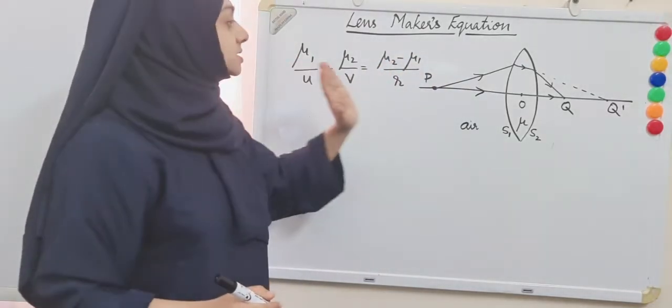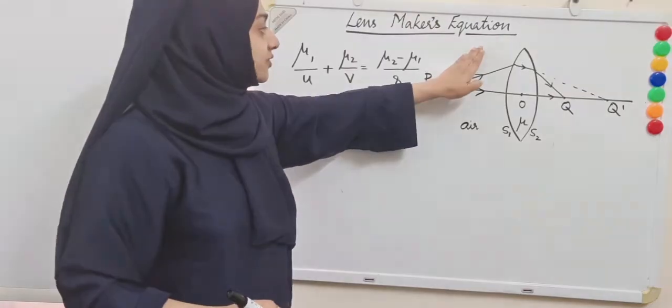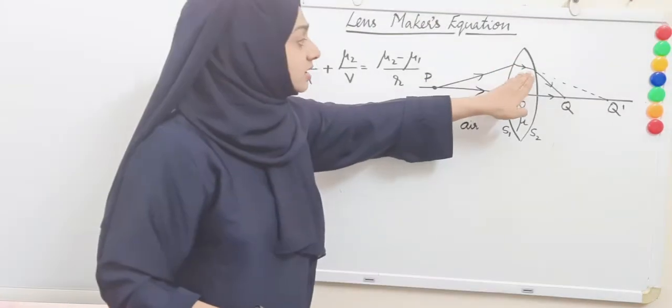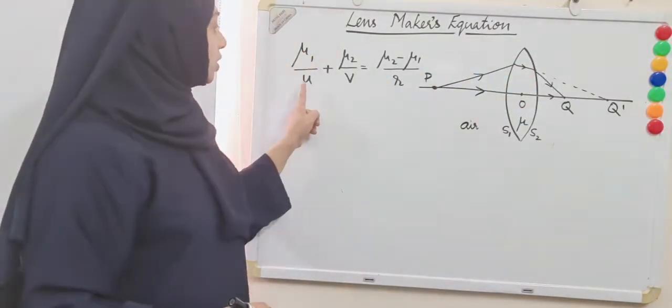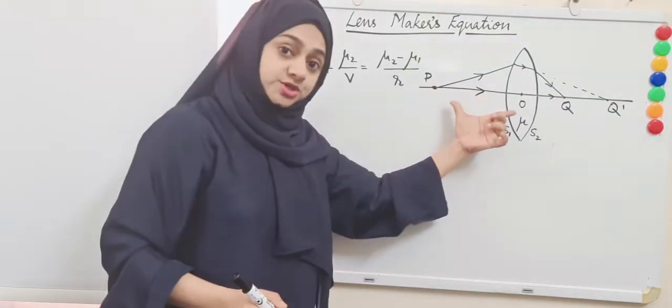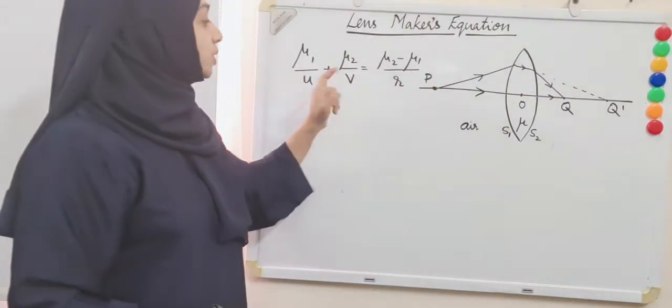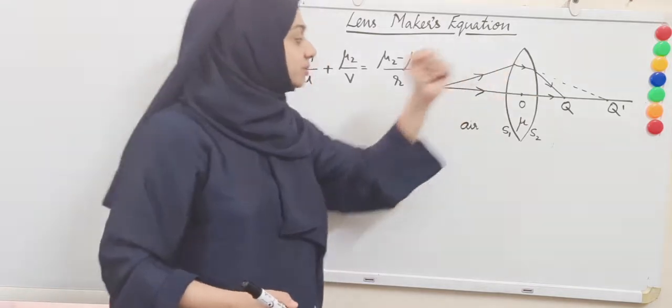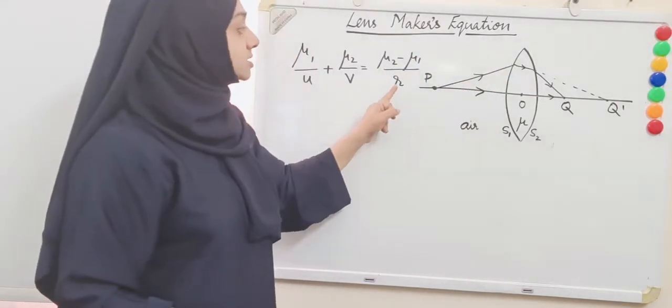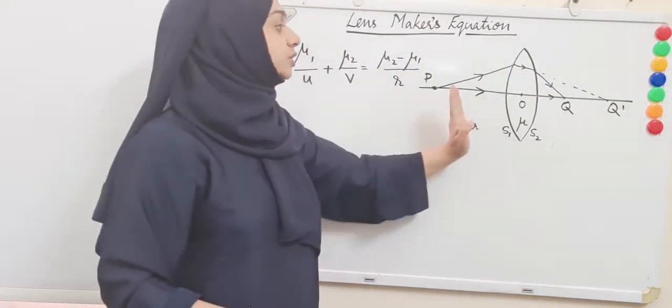Here mu1 is the refractive index of the first medium, mu2 is the refractive index of the second medium, U is the distance of the object from the optical center, V is the distance of the image from the optical center, and R is the radius of curvature of the surface.